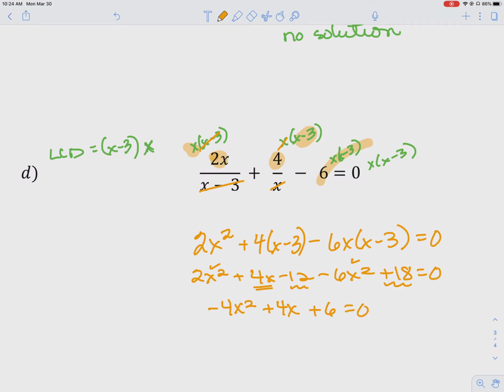All right. Oh, I see where I messed up. I keep looking and I'm like, that's not what I got when I worked it out before. No, that's right. Okay. So I'm going to take out a minus 2, because I can take out a 2. But I need to take out that minus, so I wind up with 2x squared minus 2x minus 3 equals 0?